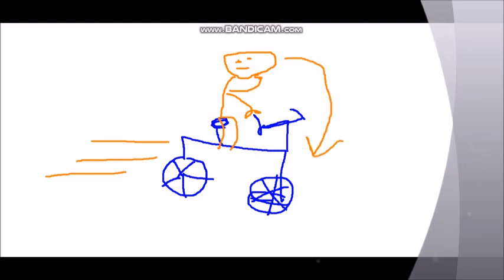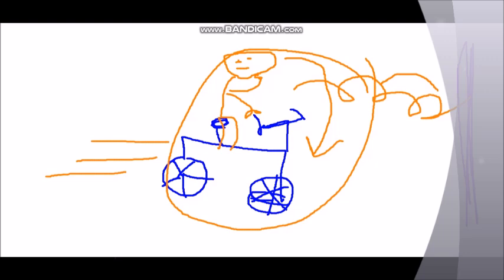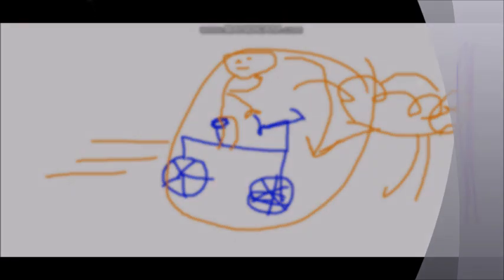Well, when an object is moving, it has a tendency to move and to not stop unless acted on by an outside force, like this wall right here. Oh no. Splat. Oh, that's gotta hurt.